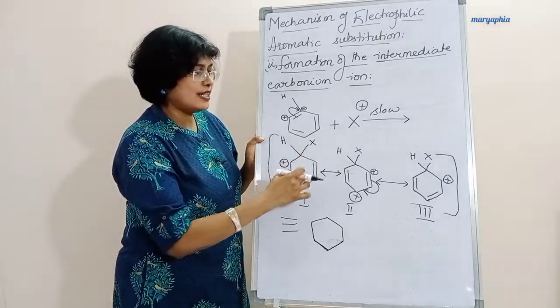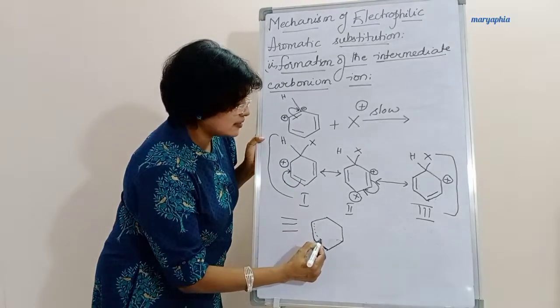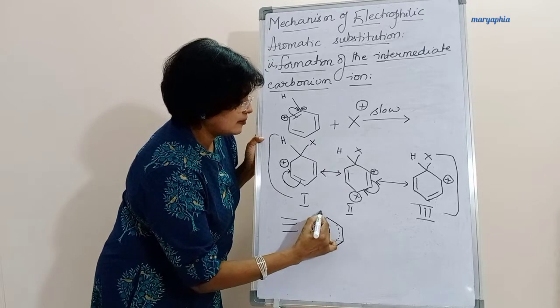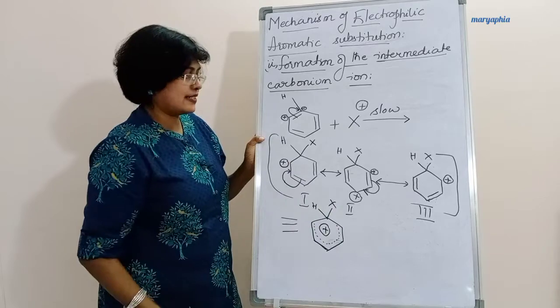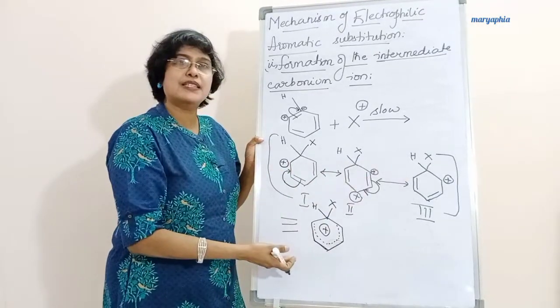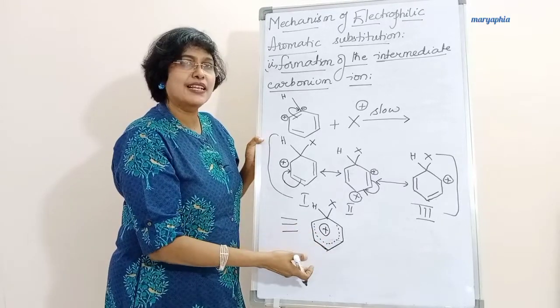You can see here, students, the pi bonds are moving inside, so that we can show it like this, with the positive charge in the middle, here hydrogen, here X. This is the resonance hybrid. All three structures can be represented in this form.